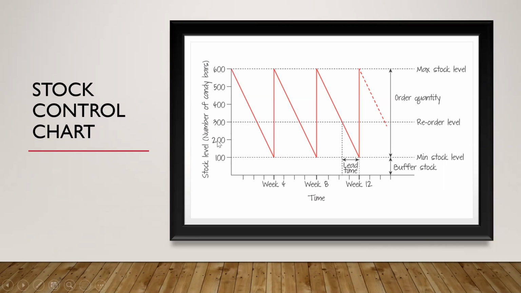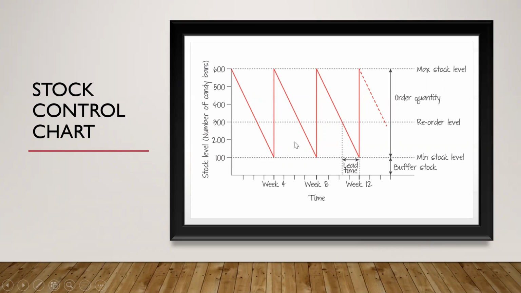You know the lead time, the amount of time it takes to get your new stock. By the time it arrives, you'll be down to 100, and you're going to have a maximum of 600, so you order 500 here.